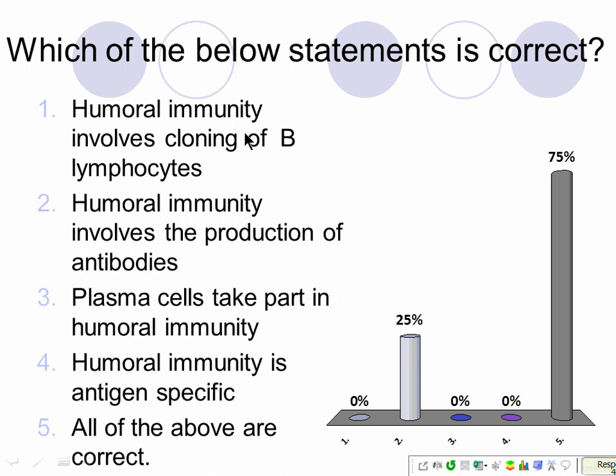So humoral immunity does involve cloning of B lymphocytes. It does involve the production of antibodies. Plasma cells take part because they are the ones which produce the antibodies. It is antigen specific. Remember, all specific immunity is antigen specific. So all of this is important.